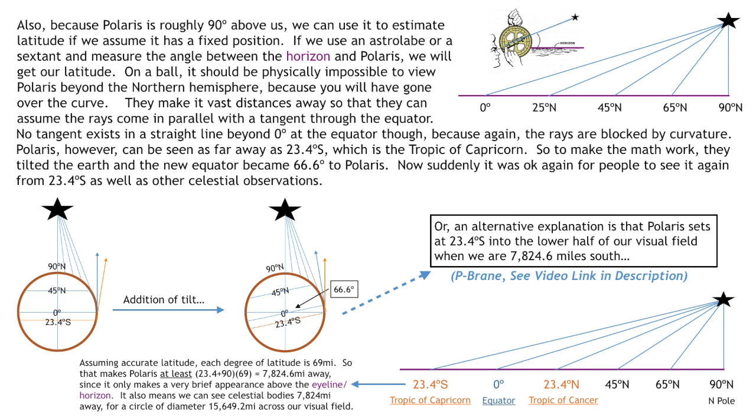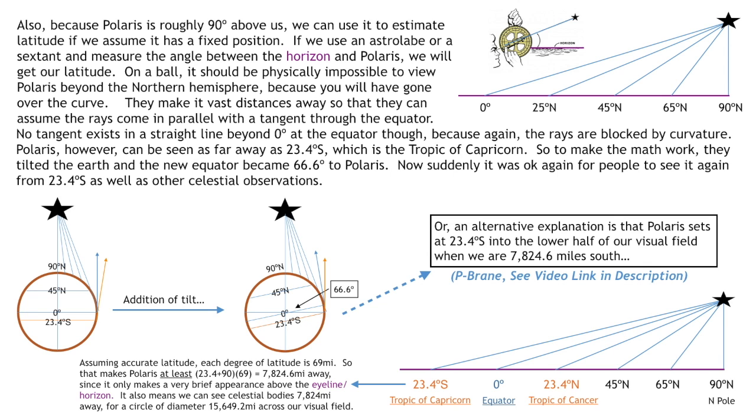So to do the math on that, assuming accurate latitude, each degree of latitude is 69 miles. So that makes Polaris at least 23.4 plus 90 times 69 equal to 7,824 miles away, since it only makes a very brief appearance above the eyeline or horizon at that point.